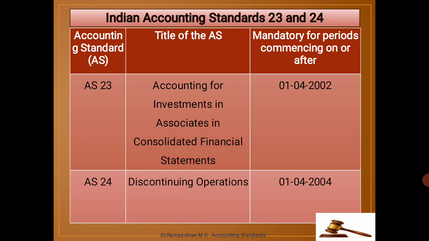Further, this standard is made mandatory for all the enterprises in respect of the accounting periods commencing on or after April 1st, 2005. The objective of this statement is to establish principles for reporting information about the discontinuing operations.